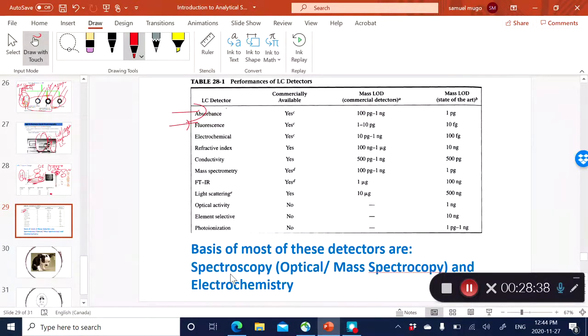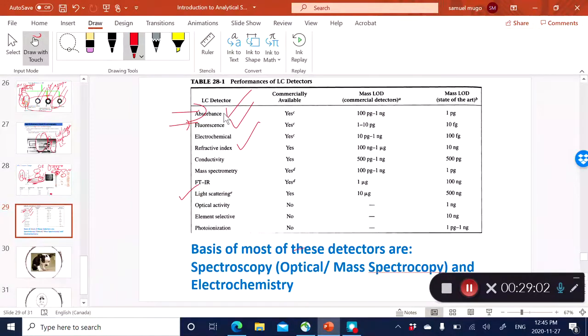You can see absorbance spectroscopy, fluorescence spectroscopy, refractive index is still a form of spectroscopy, and light scattering is a form of spectroscopy. So as you can see, most of the detectors are based on spectroscopy, and the majority of it is absorbance spectroscopy. That's what most often people use.